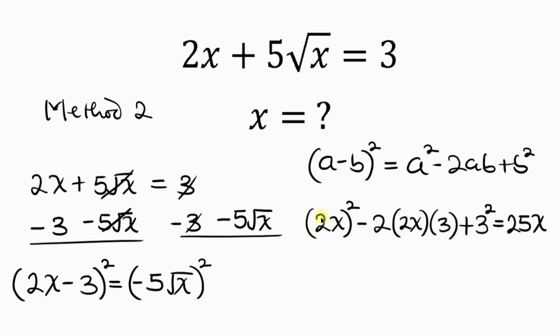So this is 2 squared, which is 4, and then this is x squared. And then minus 2 times 2x times 3 gives minus 12x, and then plus 3 squared is 9. And this is equal to 25x.